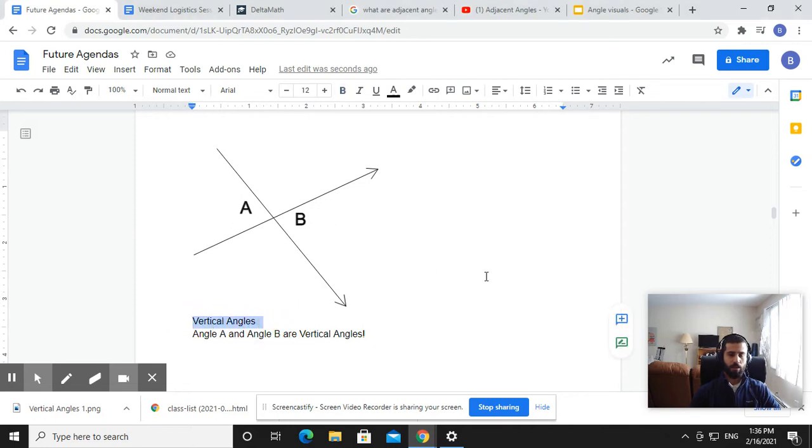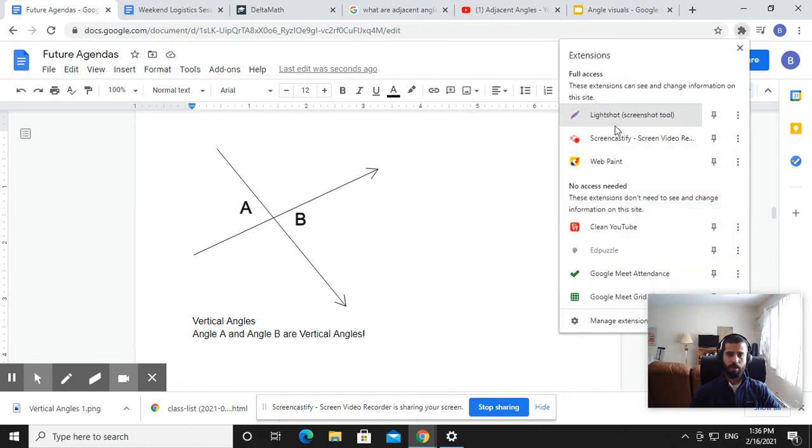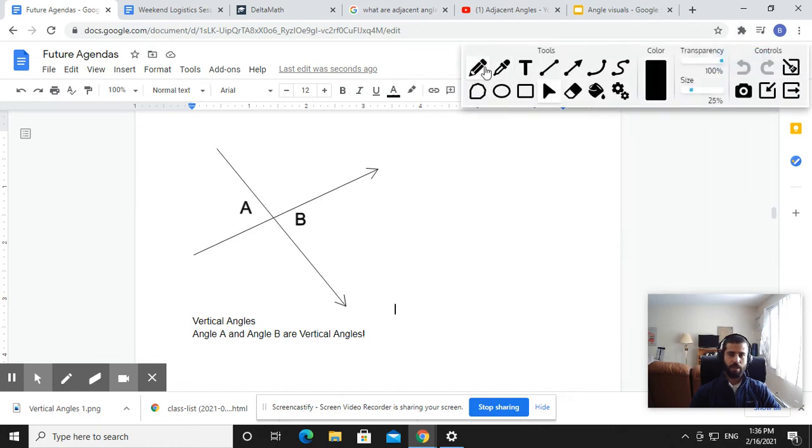So vertical angles are the angles that are right across from each other. So we could say A and B, they go across the intersection. They are vertical angles. Okay? And this is the important thing about vertical angles that we need to know.